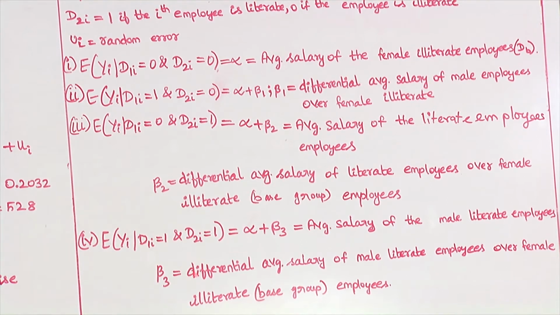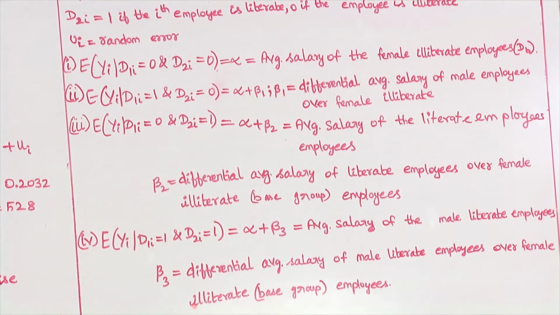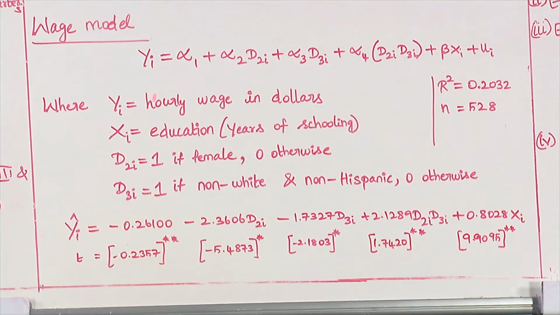Let us demonstrate this with an example from the Gujarati book. Let us consider this model. Here there are two dummies introduced, one is for the female, the other one is for race. Here the race dummy D3i is equal to 1 if non-white and non-Hispanic and 0 otherwise.